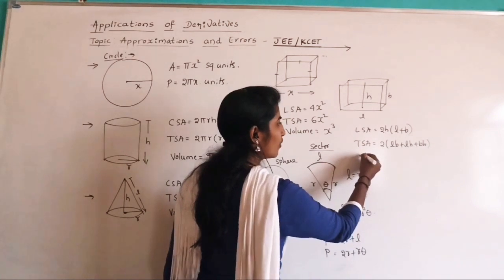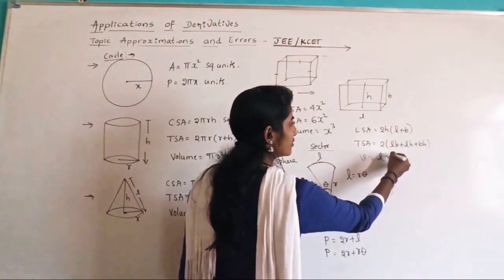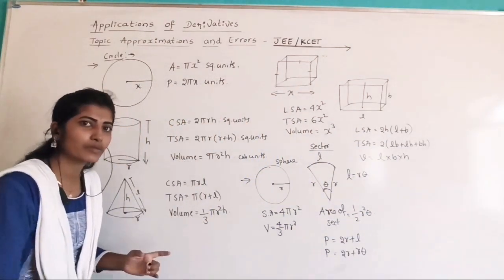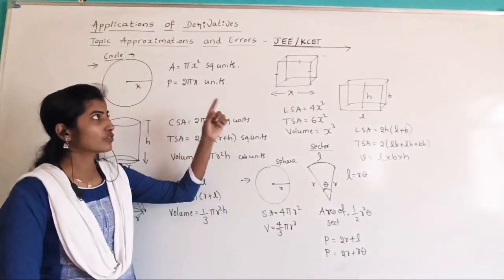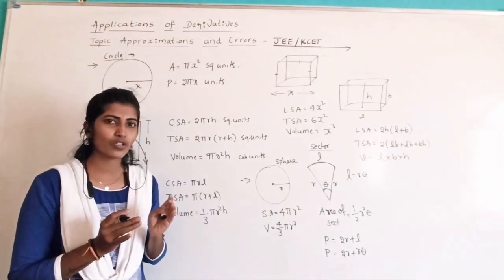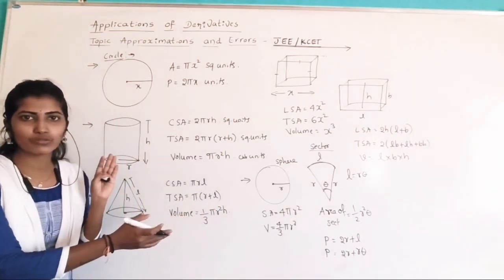Its volume is simply length into breadth into height. If you know this much basic concept about mensuration, then whatever question appears in this topic, you can easily solve. Have a look, and back to the problems.